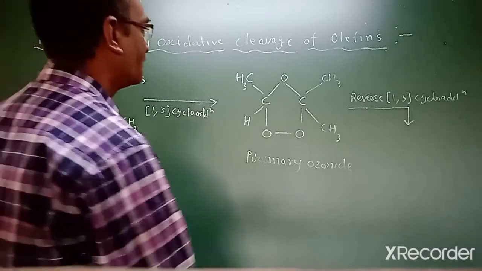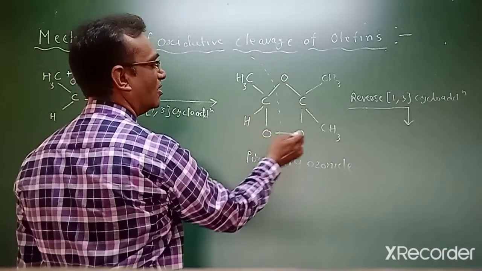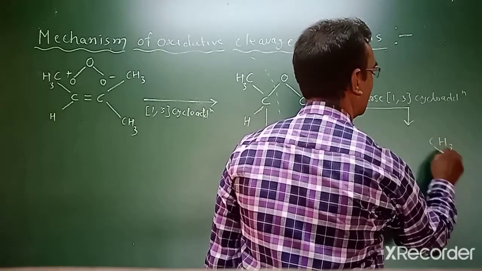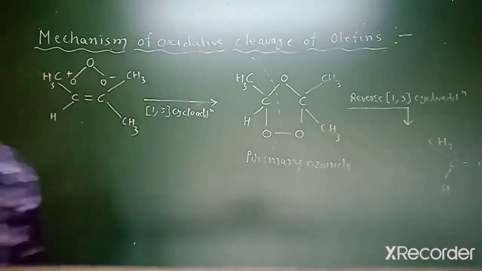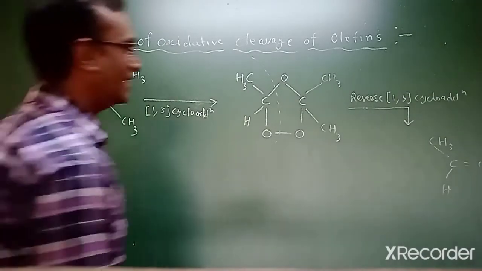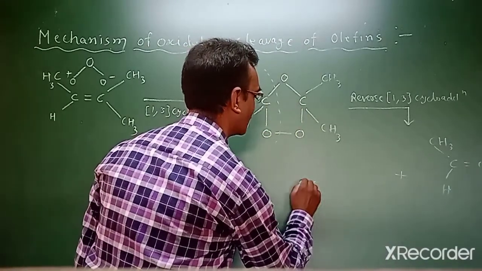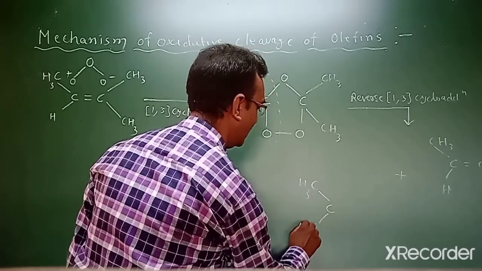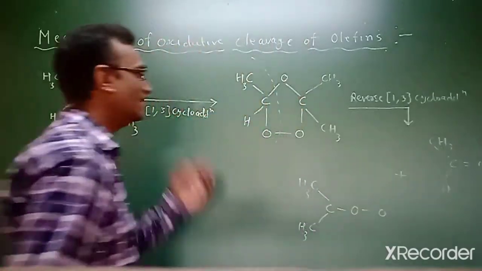How does it take place? It takes place by breaking this C-O bond and the oxygen-oxygen bond, which gives rise to the formation of CH3 CH double bond O. And the other species is this one, plus CH3 C CH3 O. This remains now.